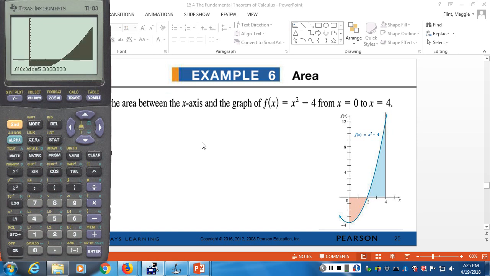So there's the whole area. Okay? That's not the right answer.